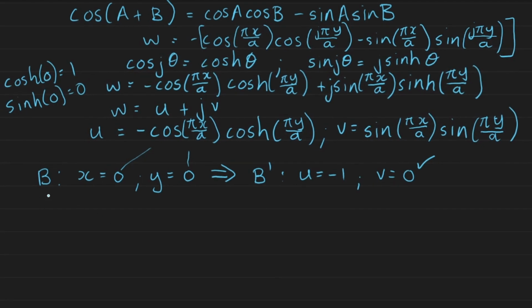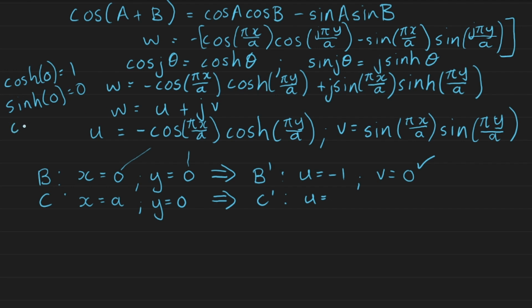We can now do this for C. At C, x is equal to A and y is equal to 0. So what this means when we map it is that u is equal to, we substitute in A here, so we have pi A over A. The A's will cancel off, and we're left with minus cos of pi.